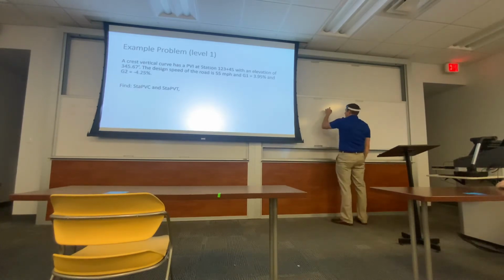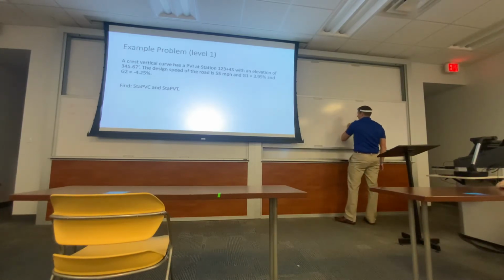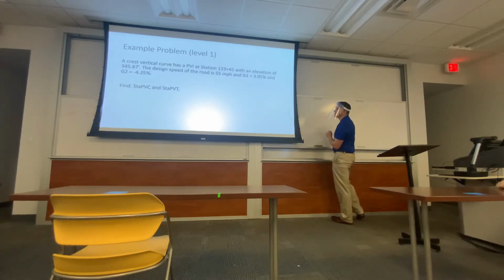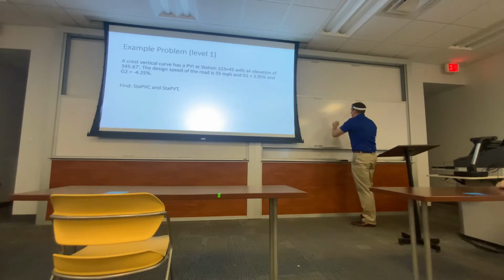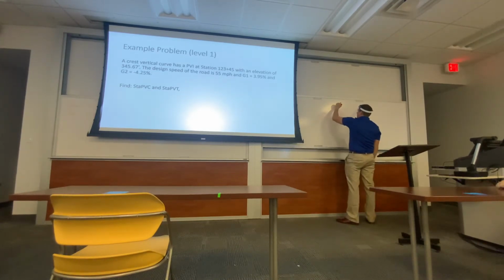Okay, so we have this grade, and this grade, and this curve, and G1 equals 3.95%, and G2 equals negative 4.25. This is PVI, that equals 123+45.